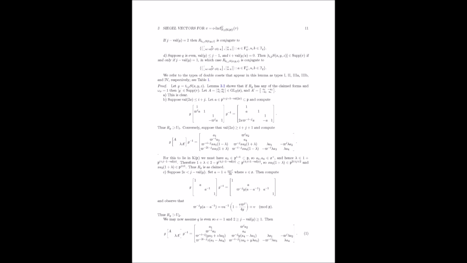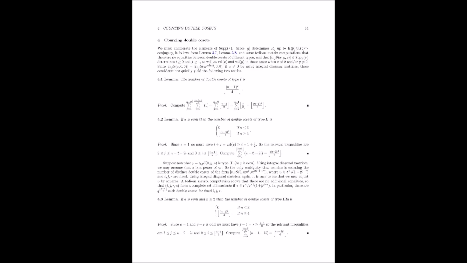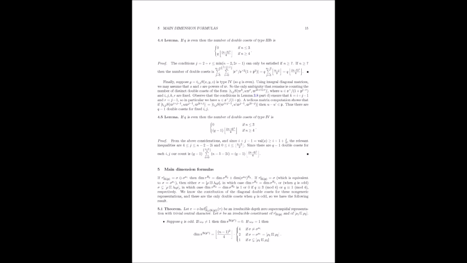And what's interesting is that they point out in the intro that they're covering all the interesting cases of Siegel vectors for these specific non-generic depth 0 supercuspidals. All of them. Yeah, and they even mention that if you look at non-generic representations coming from a different subgroup denoted by K, there are no Siegel vectors at all. No Siegel vectors at all. None. So already we're seeing that the specifics of how these representations are built really matter. It's amazing how much structure there is even within these abstract mathematical objects.